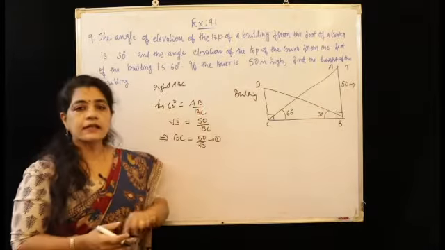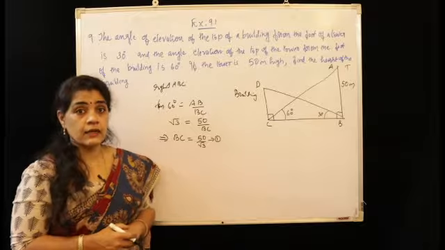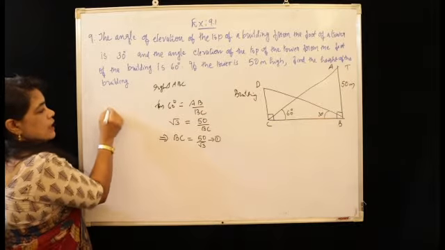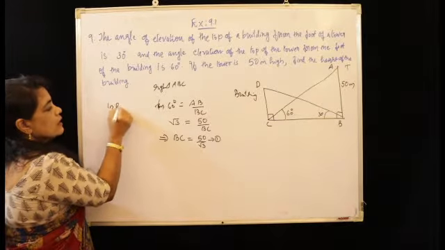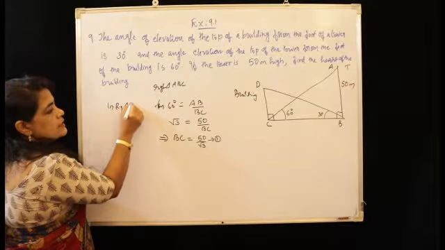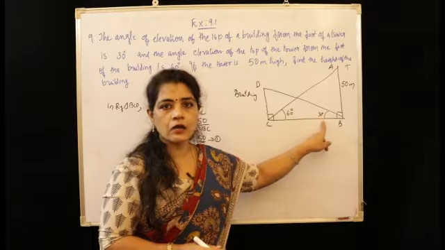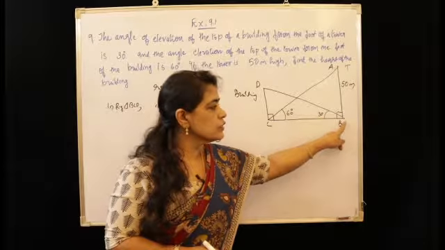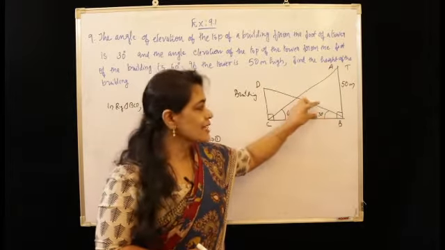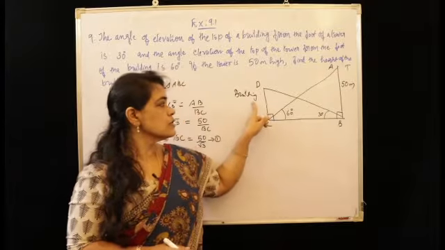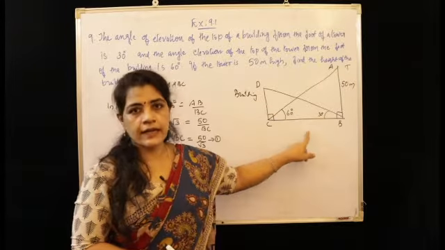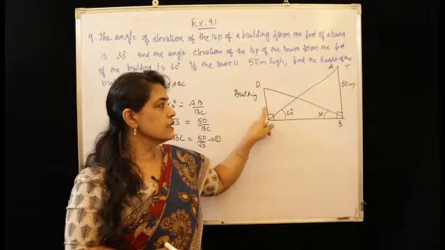And from the second triangle, that is BCD, in right triangle BCD, the acute angle, that is the angle of elevation from the foot of the tower to the top of the building, is given as 30 degrees. So opposite side by adjacent side, because here we need this DC.